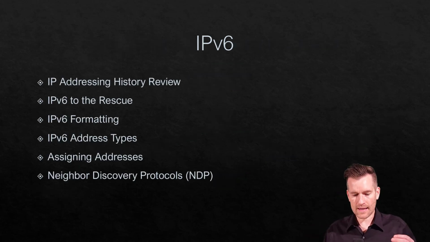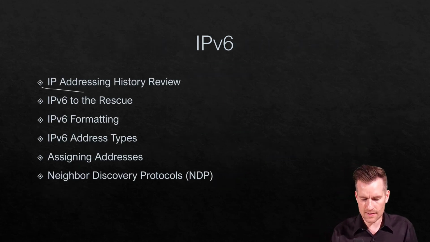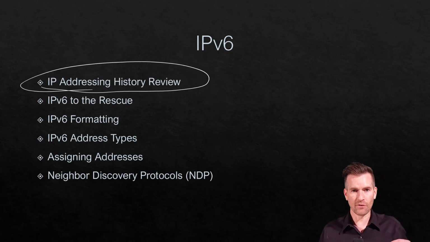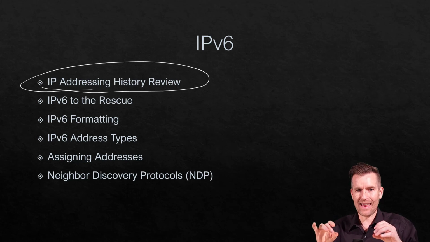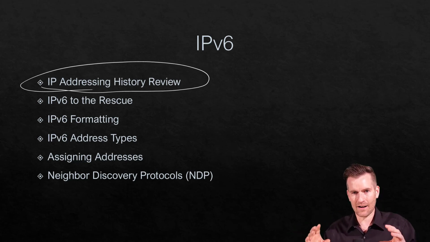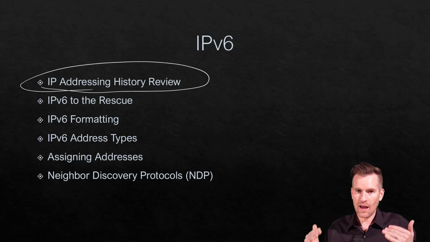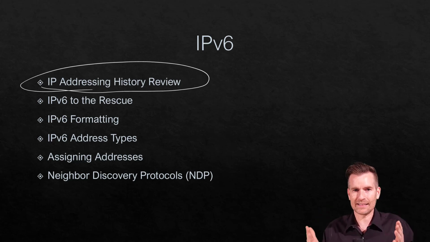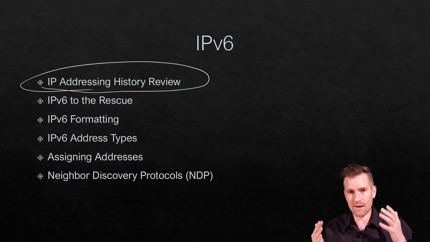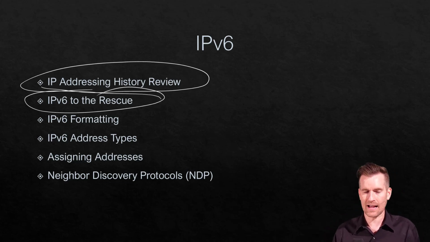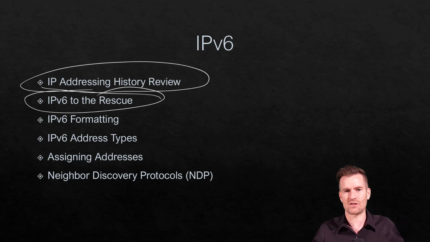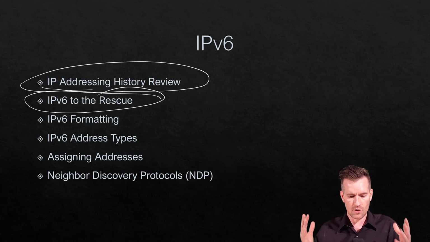All right, so what we covered: we talked about IP addressing history, gave a brief overview, and how we kept creating a new standard, and then we ran out of spaces and we created another standard and ran out of spaces. And that led into finally saying, well, we've exhausted IP version 4. It is time to create a new standard. And that's where IP version 6 comes to the rescue, because it gives us just a huge address space to work with.